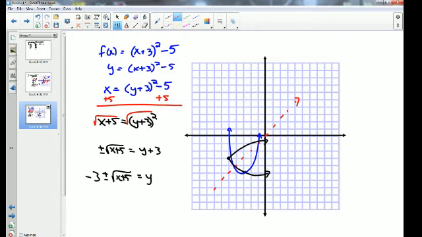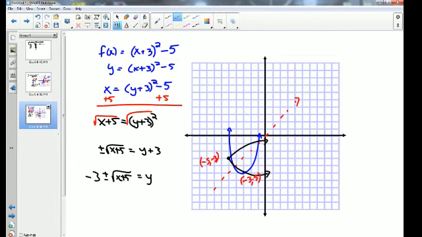Or again, switch them. If this is -3, 5, then this is 5, -3, right? So, are you okay with the algebra of the graph? Okay.